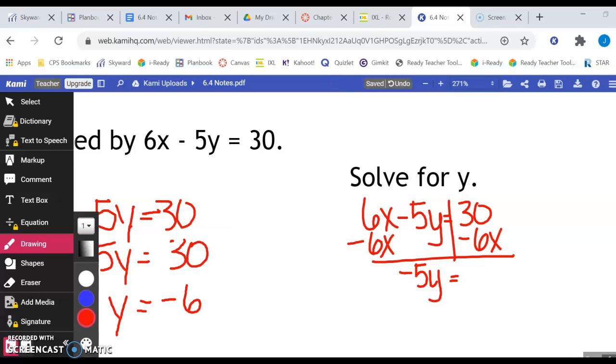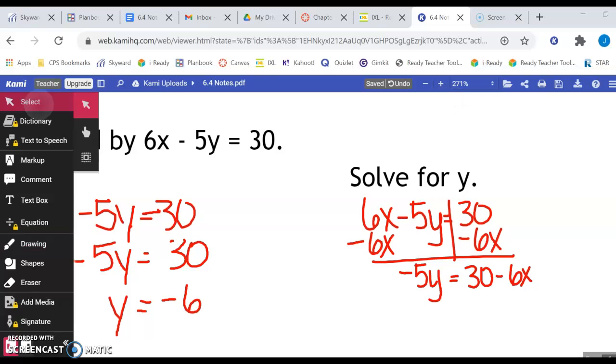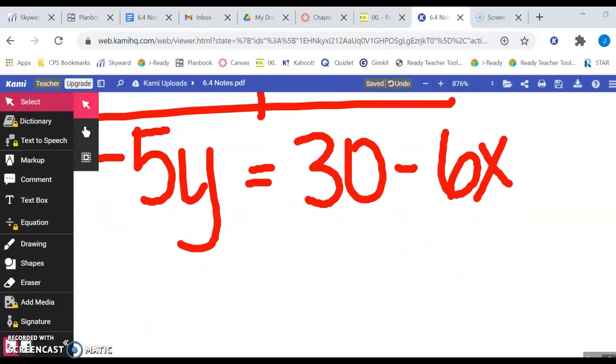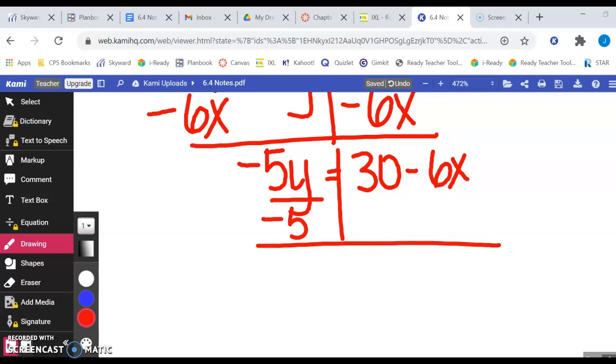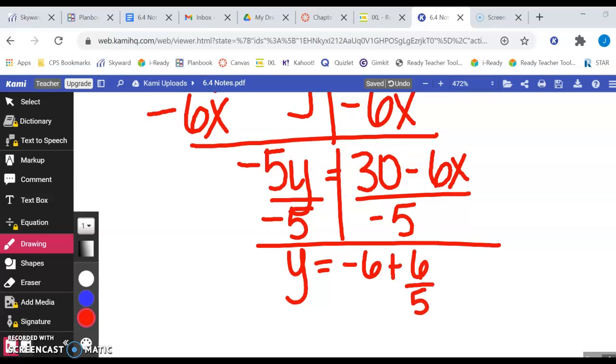And we can't combine 30 minus 6x, so we're just going to write 30 minus 6x. And then to get y by itself over here, we have to divide by negative 5. So we would have y equals 30 divided by negative 5 would be a negative 6. And then a negative 6 divided by a negative 5 would be a positive 6 over 5, and the x is behind that.